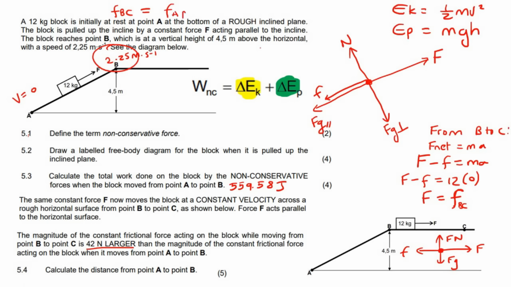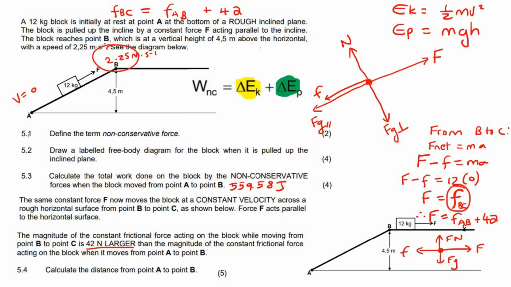So the way that I would write that mathematically is like this. What I'm saying is that this friction from B to C is the same as AB, but then you must plus 42. Can you see that that means that the BC is 42 larger? So what I'm going to do now is I'm going to then say, therefore, this is equal to the friction from A to B plus 42.